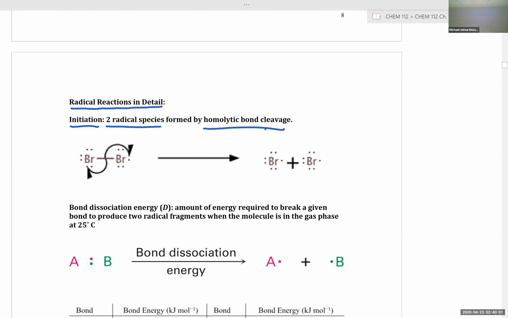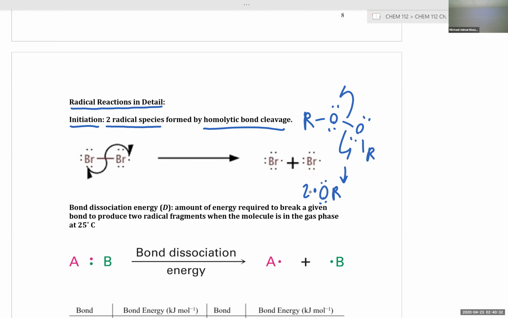So we're breaking our bromine-bromine bond. Also, if you have peroxides, which are the form ROOR, you can also subject peroxides to heterolytic bond cleavage to generate peroxy radicals. That's also a valid way of initiating many radical reactions.